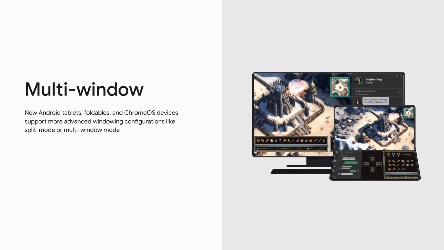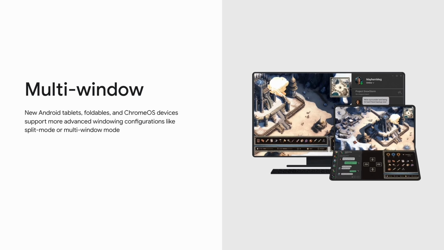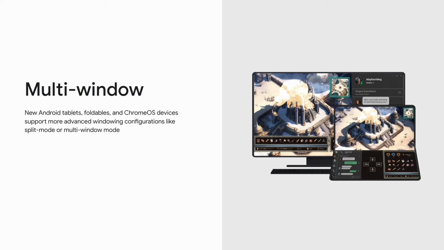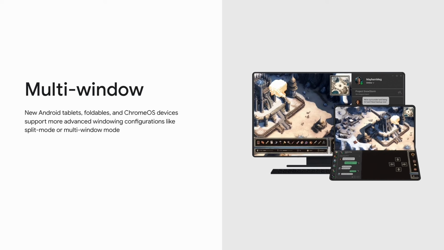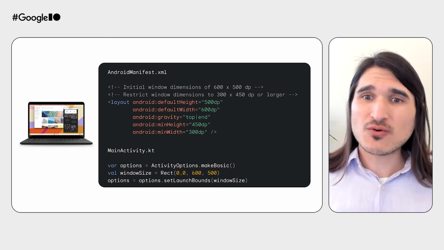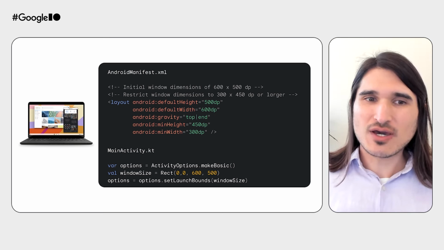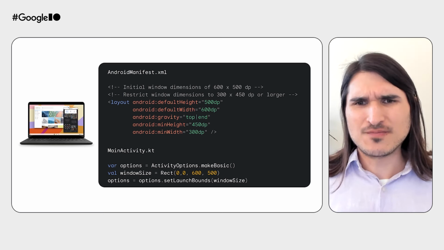On ChromeOS and new Android tablets and foldables, your game may run in configurations like split screen mode or freeform multi-window mode that you might not already handle. With freeform multi-window mode on ChromeOS, the initial window dimensions become an important consideration.